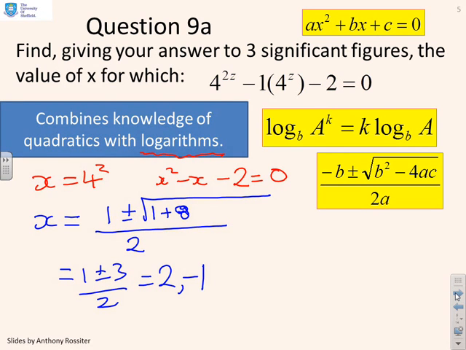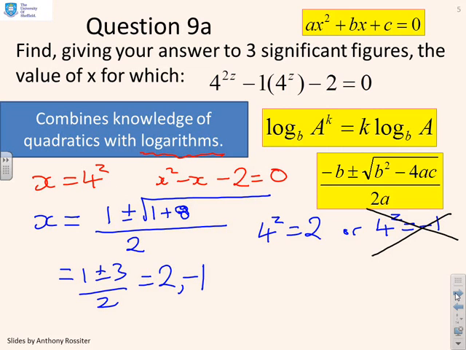So what you've got now is 2 possible solutions. You can have 4 to the power z equals 2, or 4 to the power z equals minus 1. And from this point, you're just going straight into logs. Now, you might want to notice, of course, 4 to the power z equals minus 1 you cannot do, because power functions always give you a positive answer, so you exclude that one.